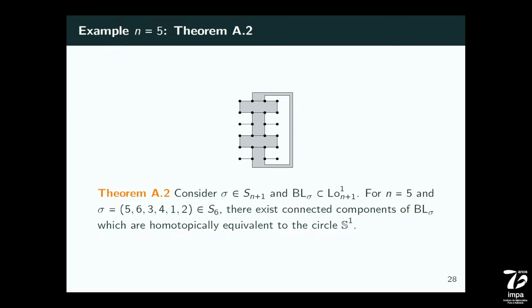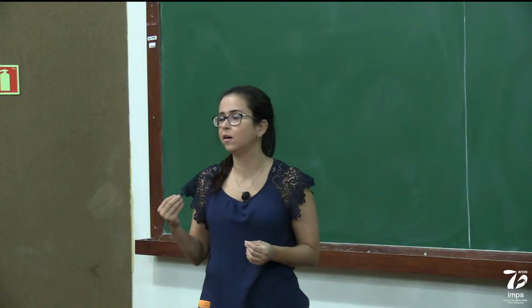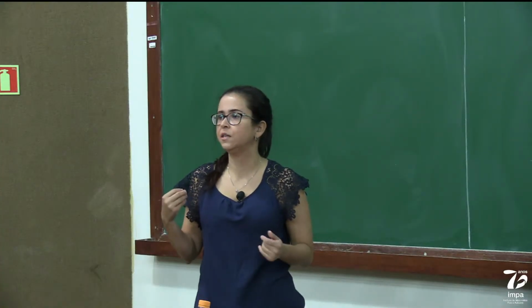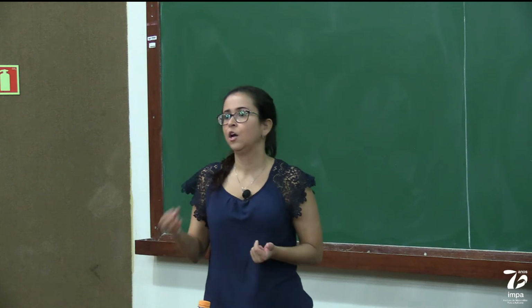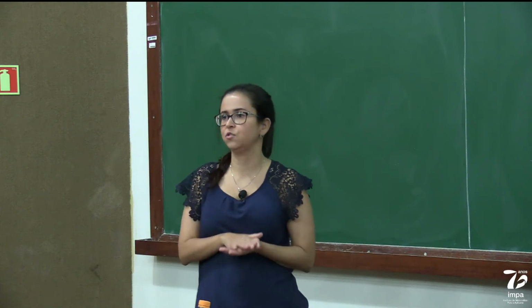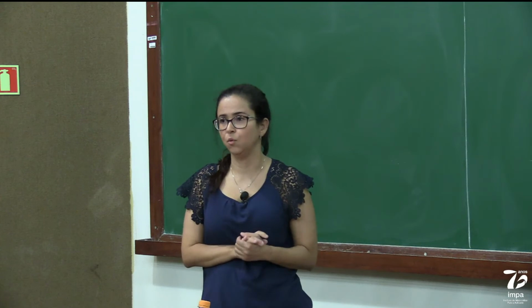So what happens is that things get complicated very quickly. For example, when n is 4 and the permutation is eta, Shapiro and Weinstein already computed the number of connected components for this set, and they have 52.